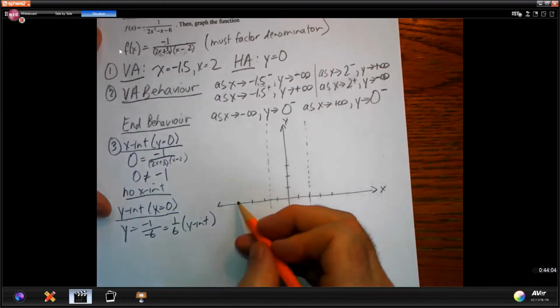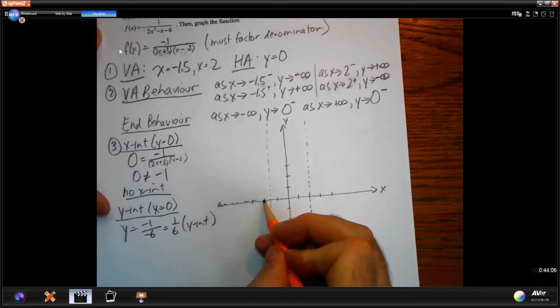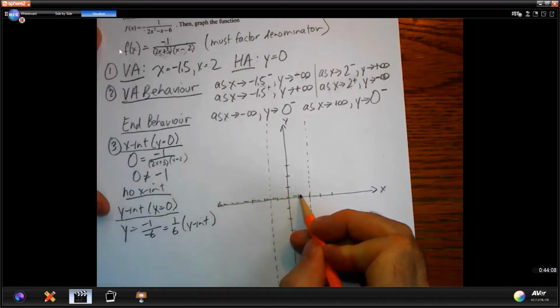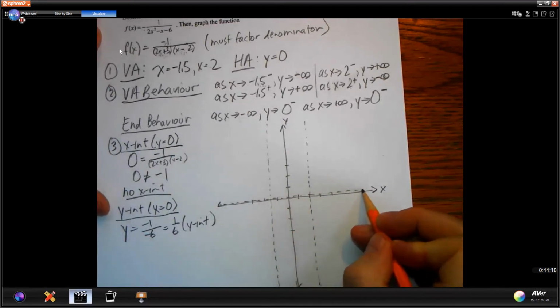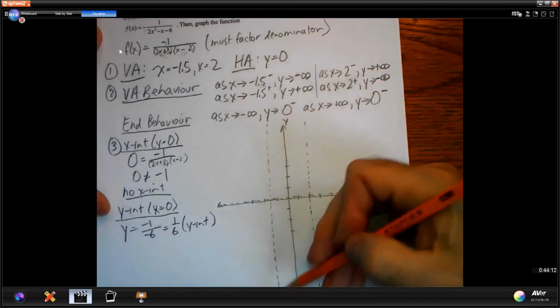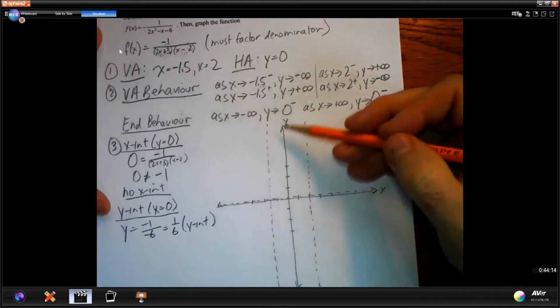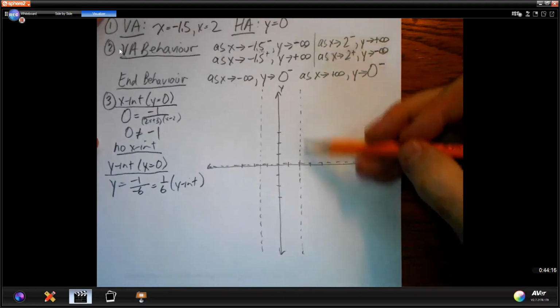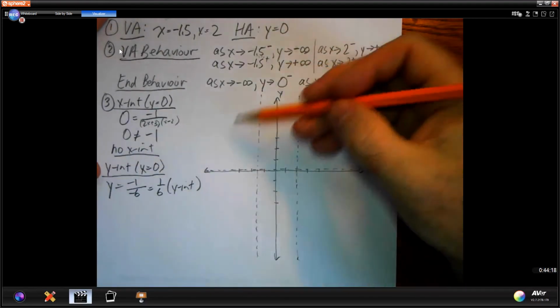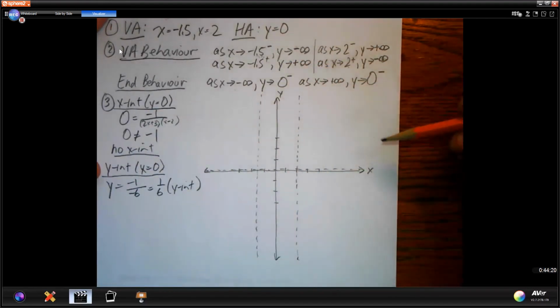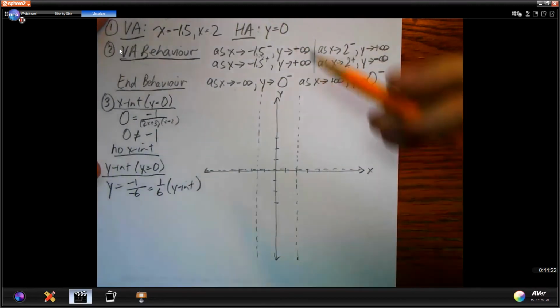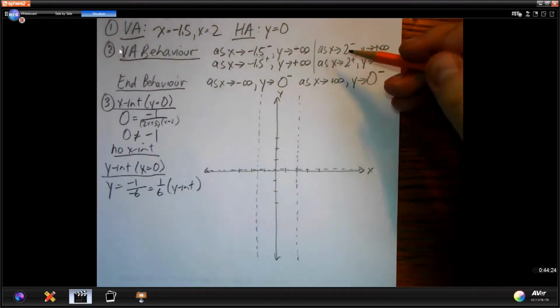And of course, we've got our horizontal asymptote along the x-axis, y equals 0. So again, you can see I've got my 3 regions, left, middle, and right. Think of the asymptotes as fences, right? Your curve should not cross any of those lines.